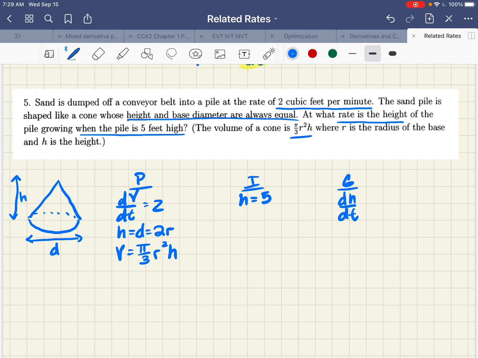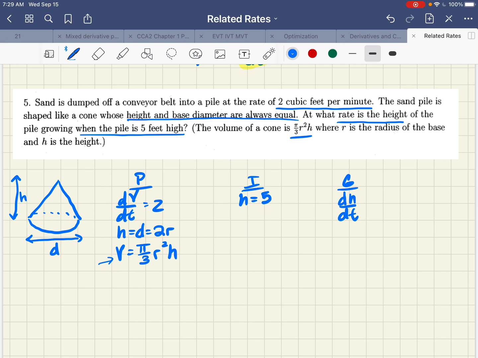So looking at the derivatives you both have and want can be really instructive. We have dv dt, we want dh dt, so I need an equation that relates v and h. So this is a good start, but it's got too many variables. And that often happens, where the equation that has both the variable you have and the variable you want for the rates has extra stuff in it. So we have to do a little bit of algebra.